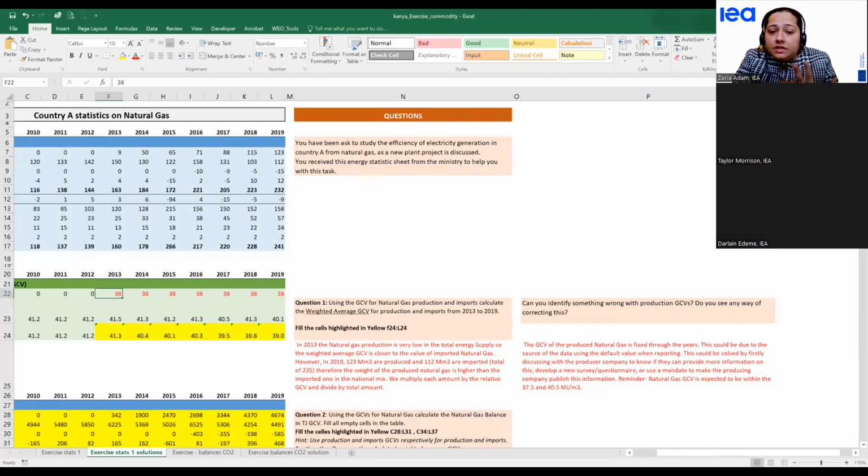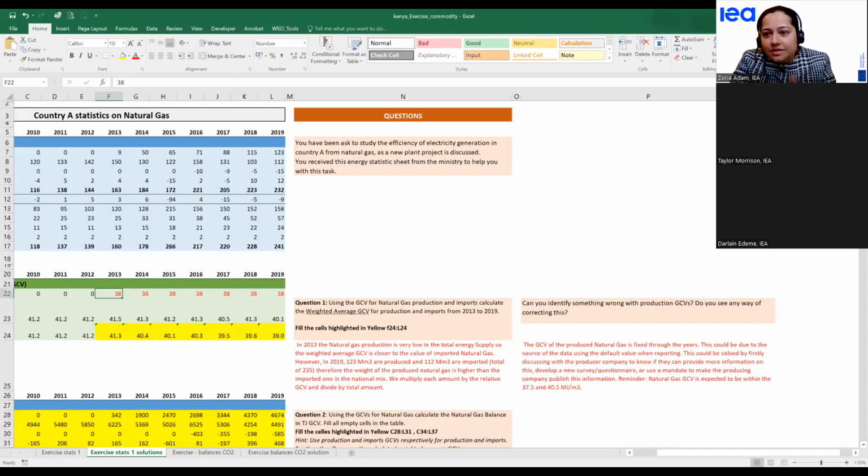And how can we fix this? Whenever we are collecting production quantities, we need to ask in our surveys for the producer companies to also report the calorific values. We can ask them to provide us with more information through a new survey or a questionnaire, or we can also have a mandate with the countries to submit it to us.